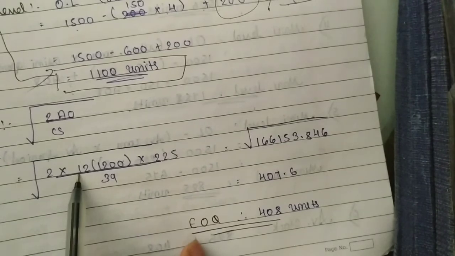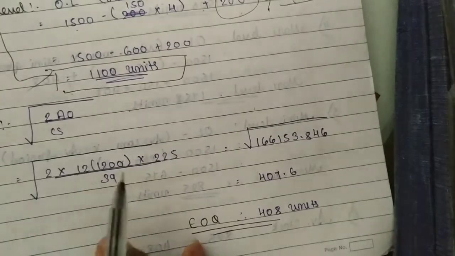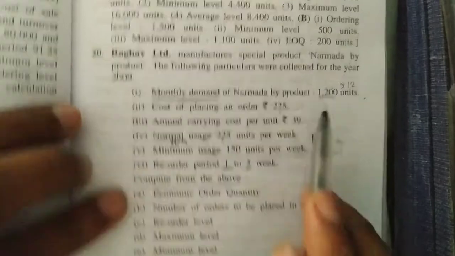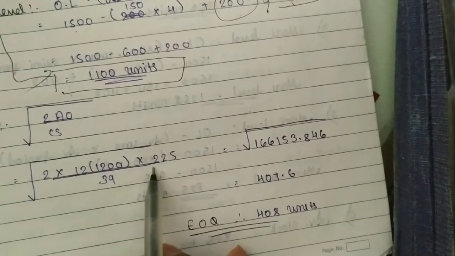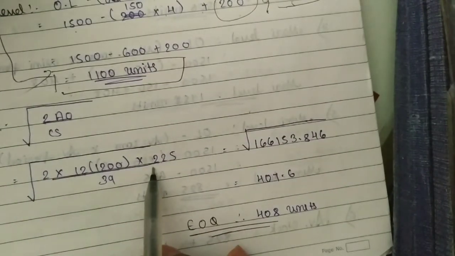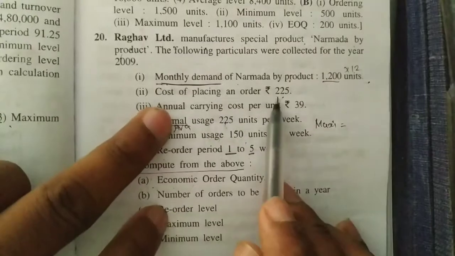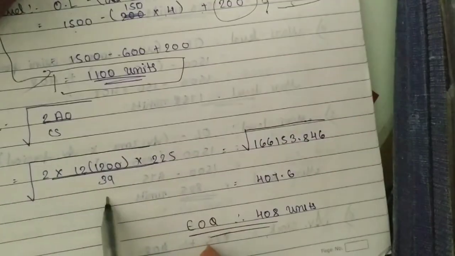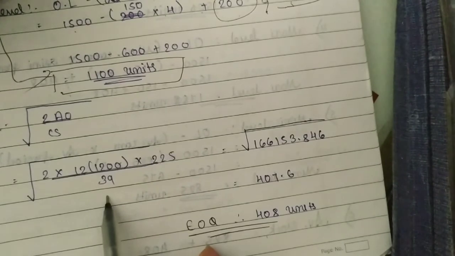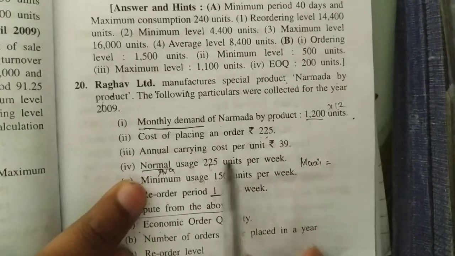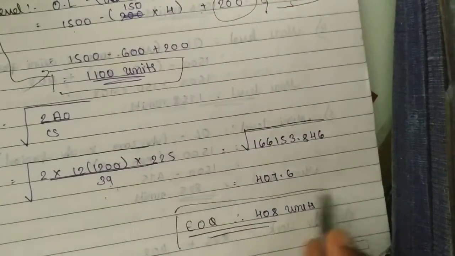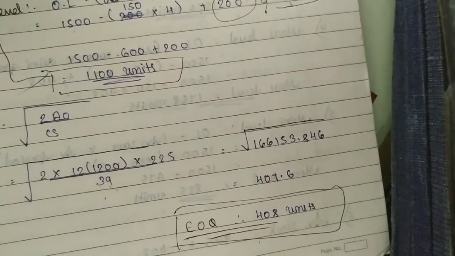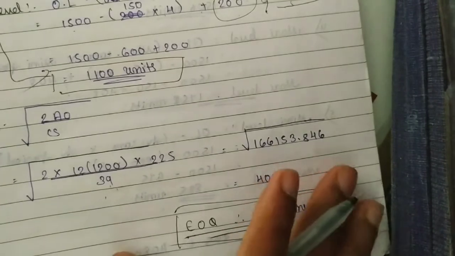Here monthly consumption is given, so multiply by 12, and monthly demand is 1200, so 1200 multiplied by ordering cost, that is directly given in the question, 225, divided by the carrying cost per unit, already given in the question, 39, divided by 39, so the economic order quantity is 408 units, right?